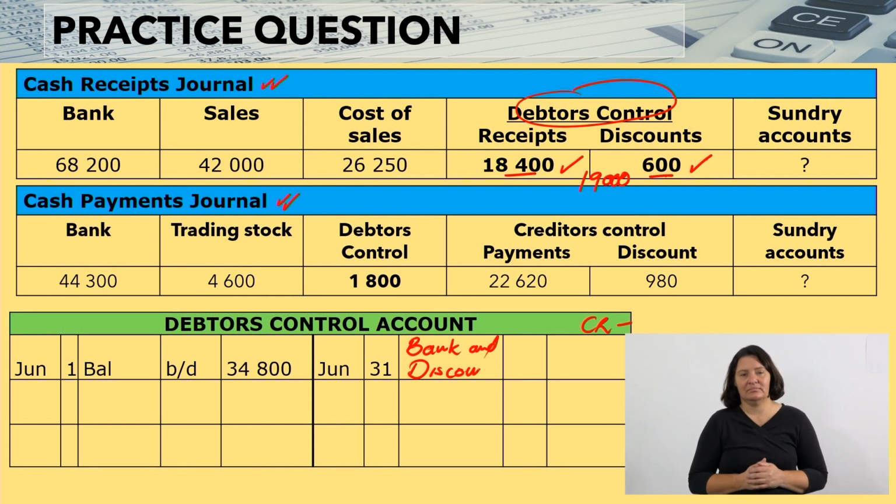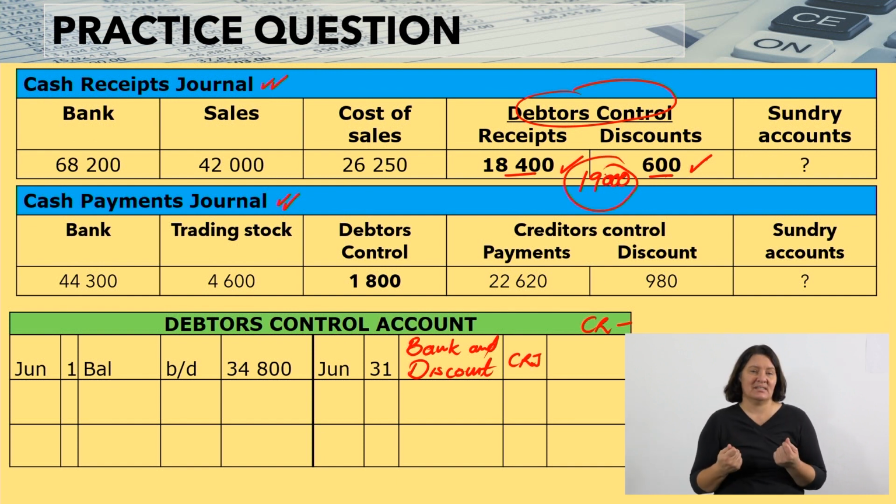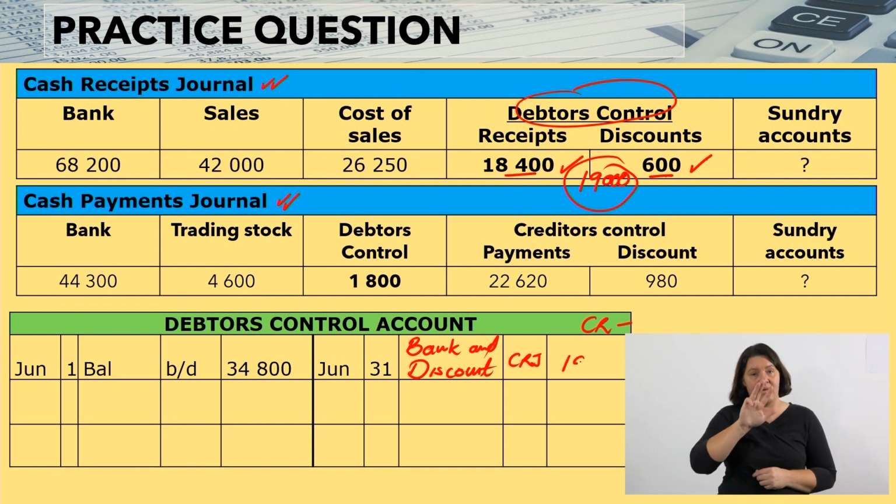From which journal are we posting this from? This is from the CRJ. Remember, we added the amounts and we got 19,000. You bring your 19,000. Bank and discount. From which journal? From the CRJ.